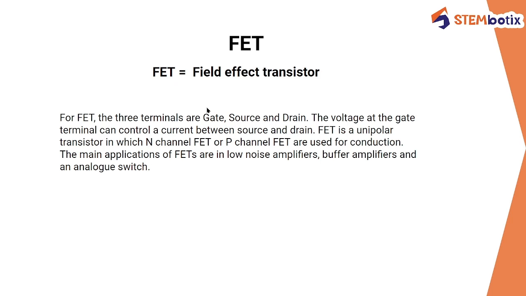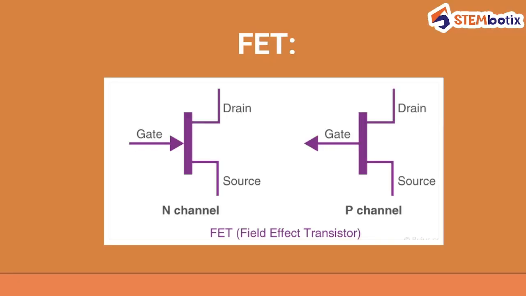In BJTs, both p and n junctions are used for conduction, while in this type, N-channel FET and P-channel FET are separately used for conduction. The main applications of FETs are in low noise amplifiers, buffer amplifiers and analog switches.